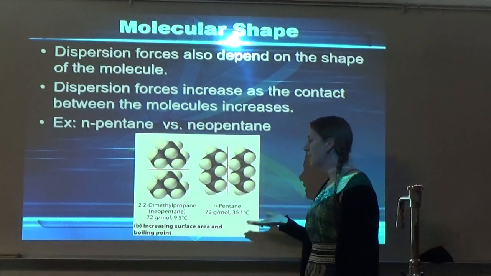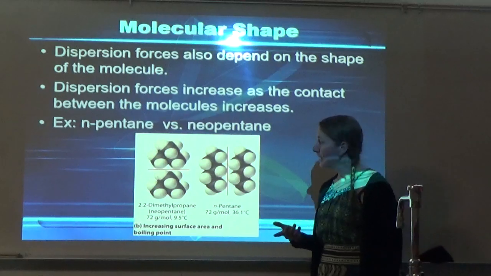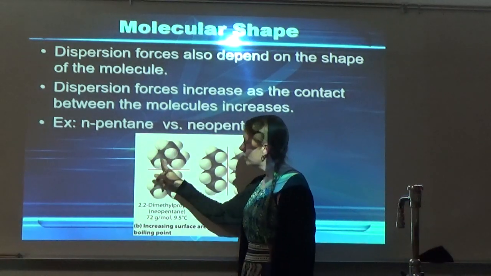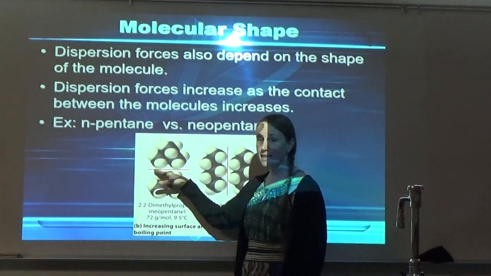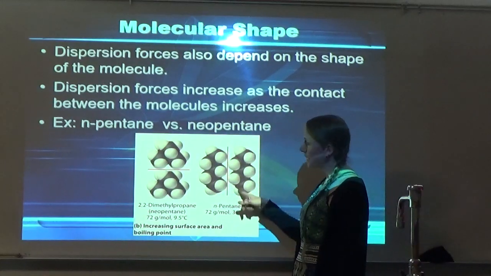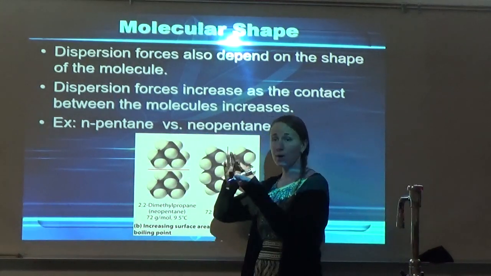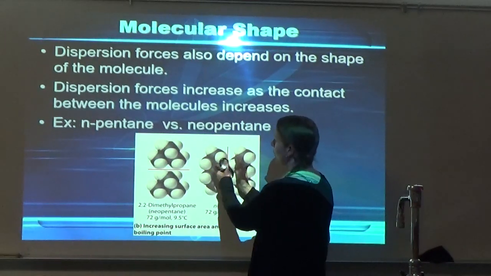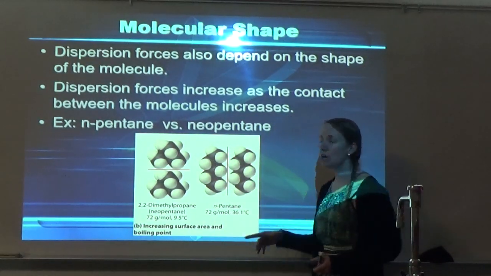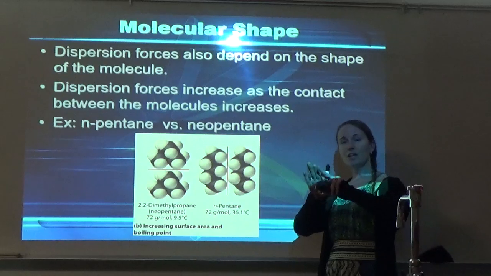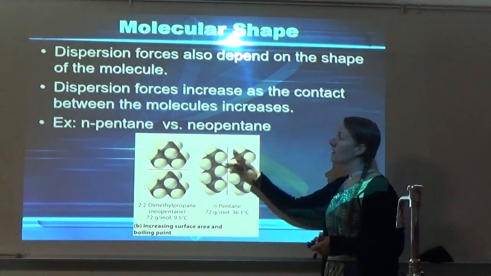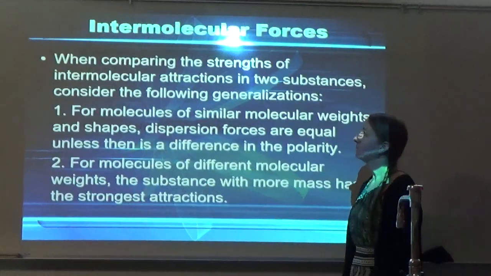So they both have the same formula. It's just that this one, notice the molecule is kind of shorter in length. This one is a longer chain. So when they line up, this one has a shorter overlap, whereas this one has a longer overlap. So because of this long chain, they can get closer together and they can form more London dispersion forces.